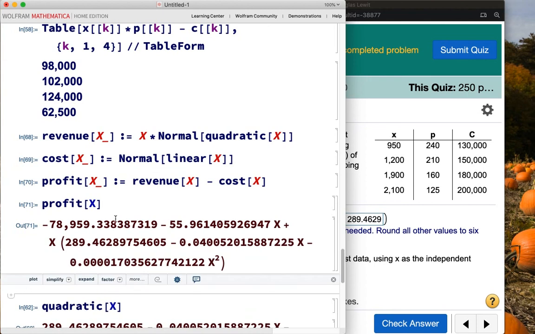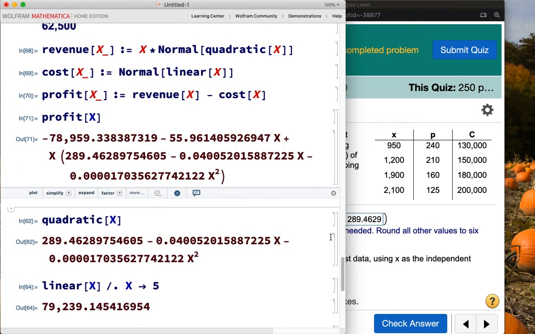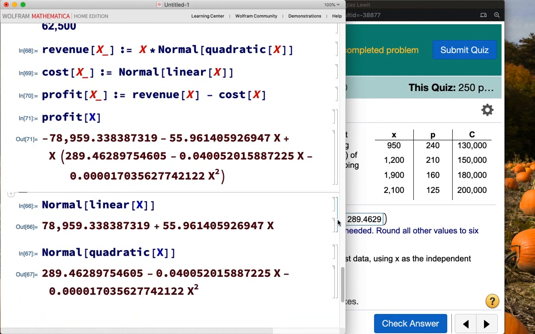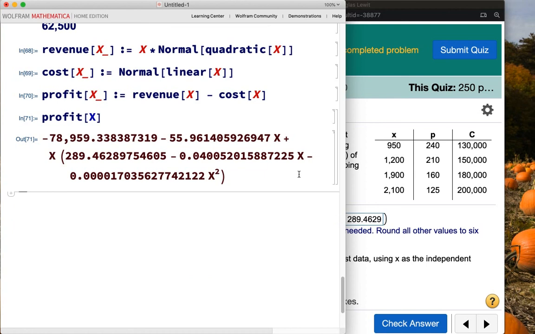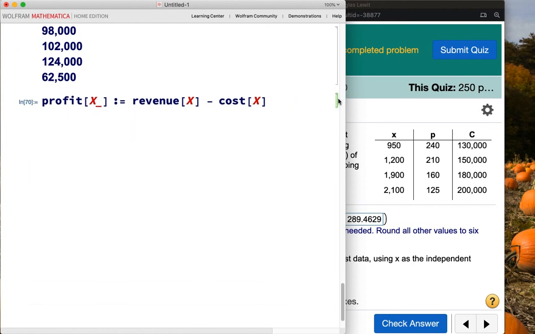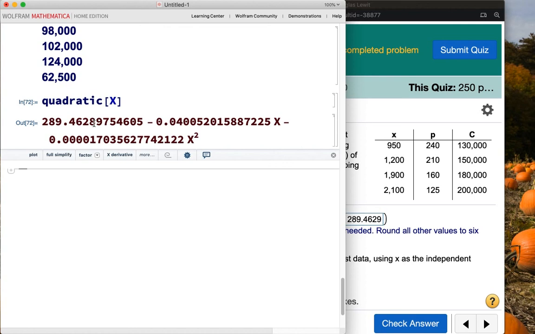So Mathematica is giving me these weird answers. I don't like that Mathematica is doing that. So we're going to erase these definitions, because it's not giving me the type of function that I can work with.